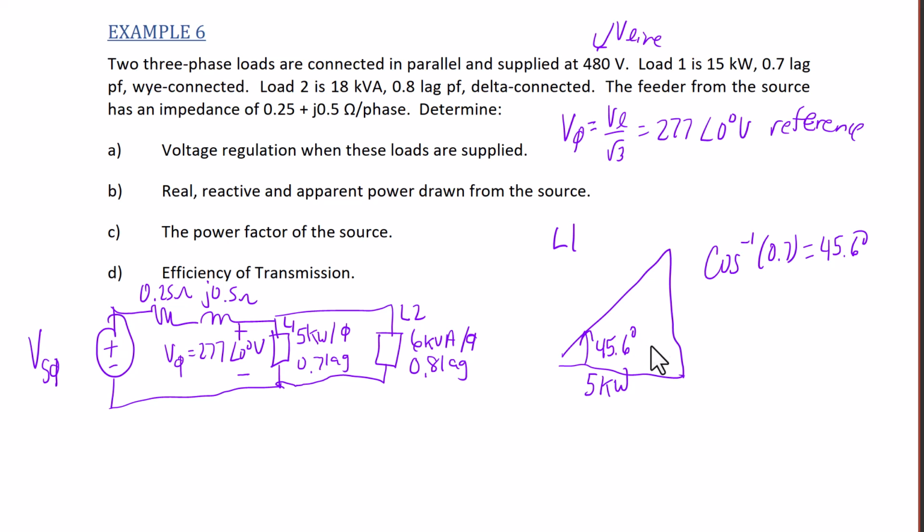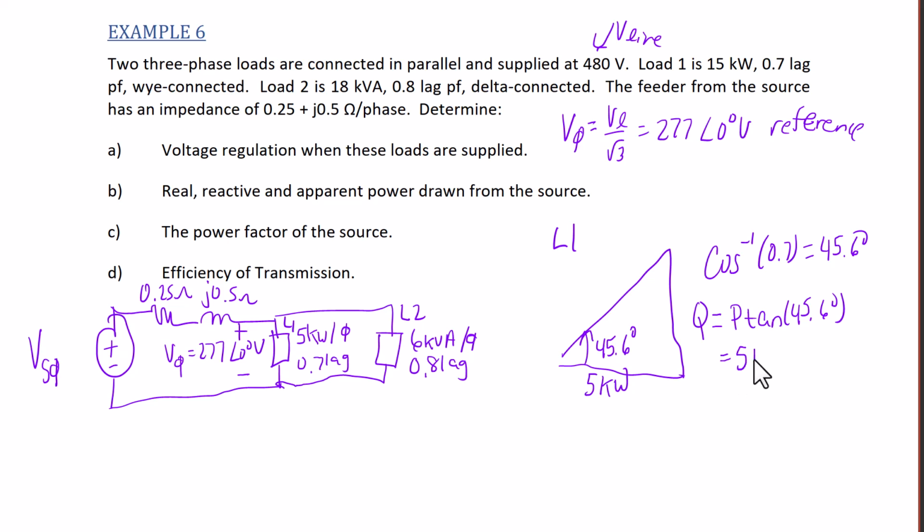So now, if I want to find Q, Q would be equal to P times the tangent of 45.6 degrees.